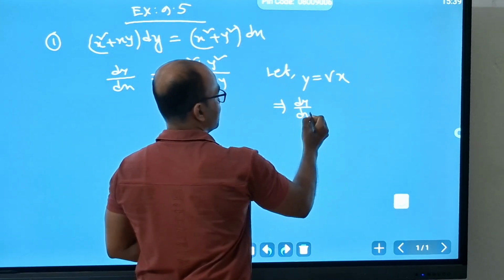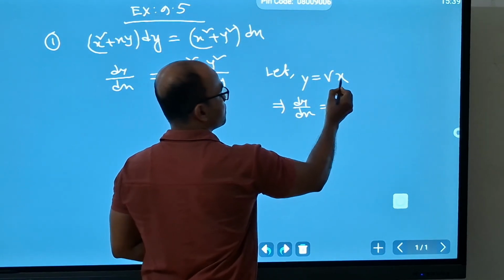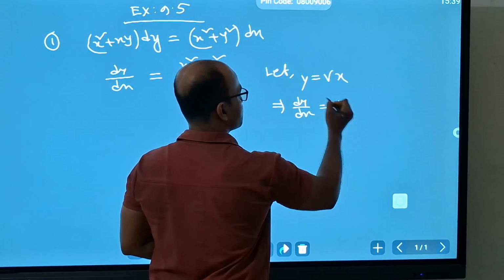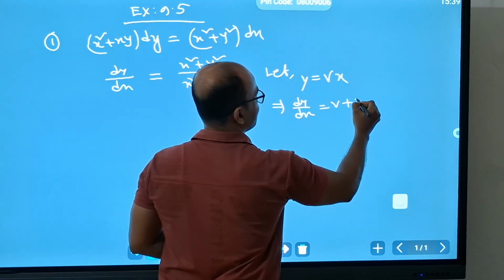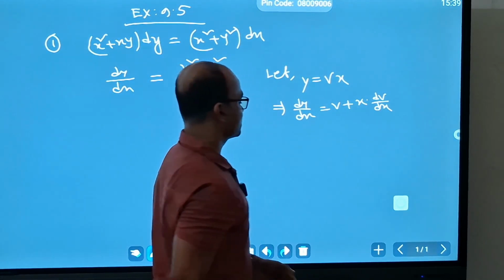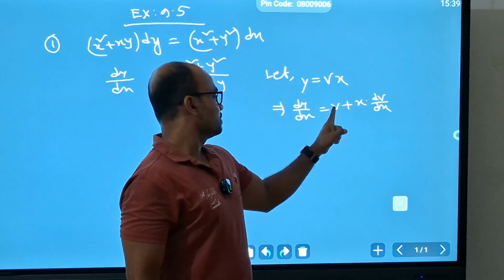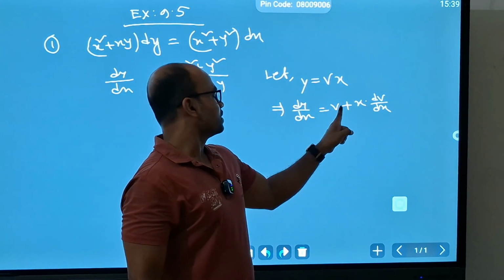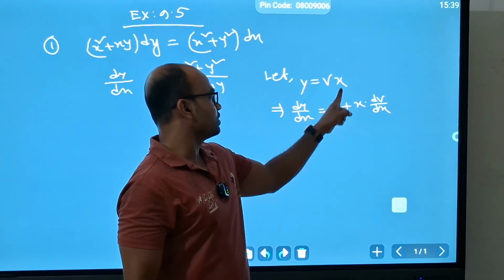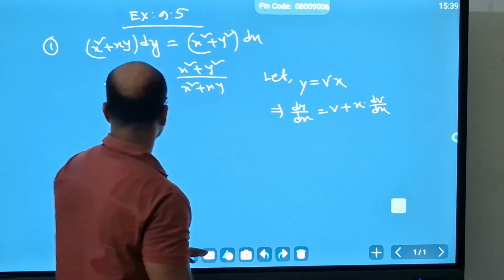So dy by dx, here we apply the product formula of derivative. v constant, derivative of x is 1, and x constant, then dv by dx. So dy by dx equals v plus x dv by dx.